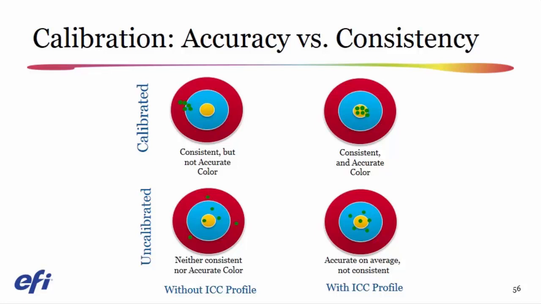So we did a poll earlier, and one interesting thing that I wanted to look at is how many of the attendees of today's session calibrate the digital print system and how frequently. We see that about half of the attendees calibrate the Fiery on a daily or weekly basis.